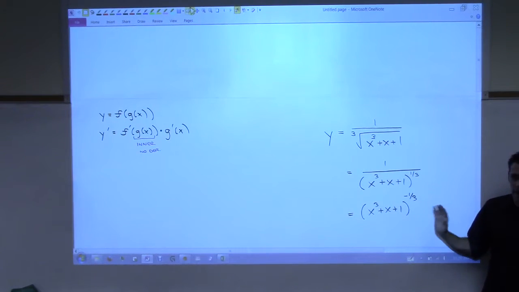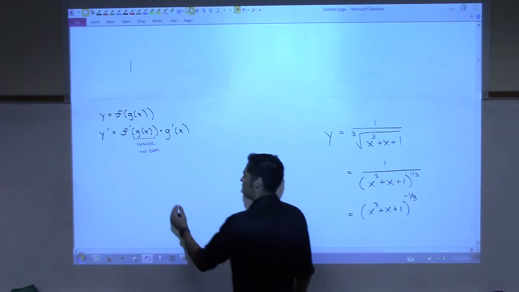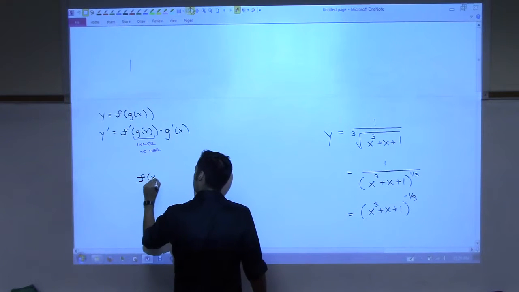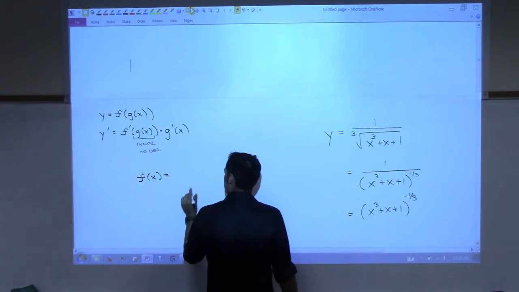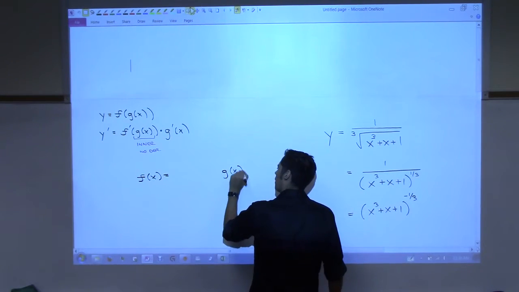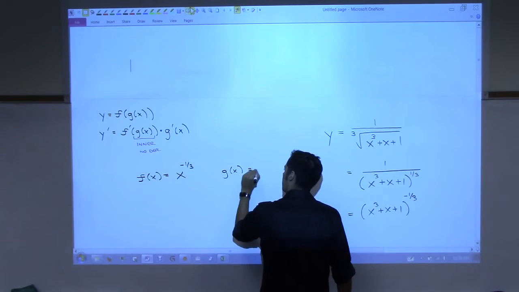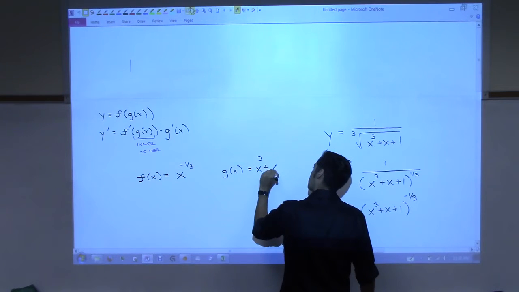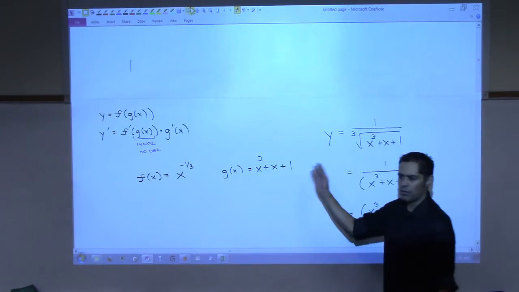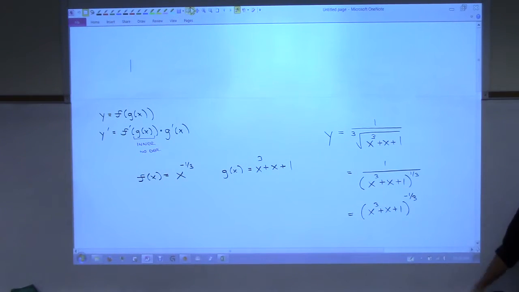I can do this without quotient rule by converting it to a chain rule problem. So f is the outer, and g is the inside. F is x to the negative 1/3, good. And g is the inside, x cubed plus x plus 1. And as long as you can take derivatives of those, you're good. You're in business.